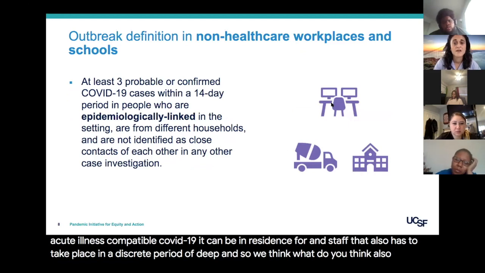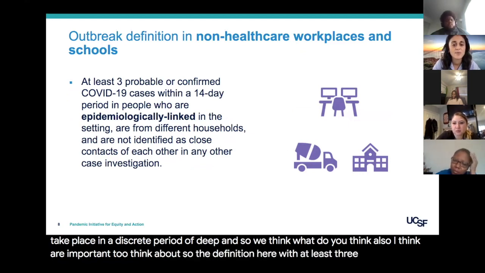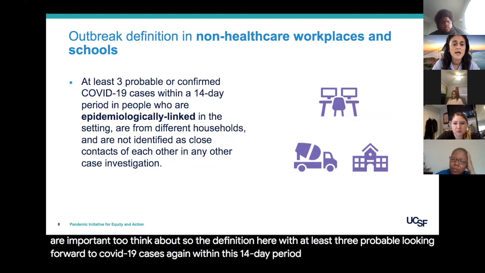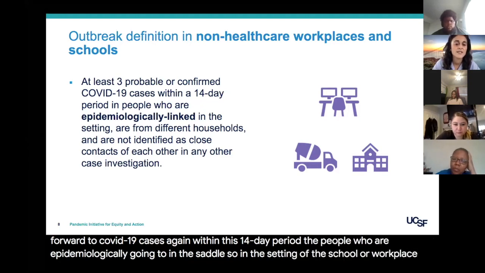Schools, I think, are important to think about. So the definition here is at least 3 probable or confirmed COVID-19 cases, again, within this 14-day period, in people who are epidemiologically linked in the setting. So in the setting of that school or workplace.